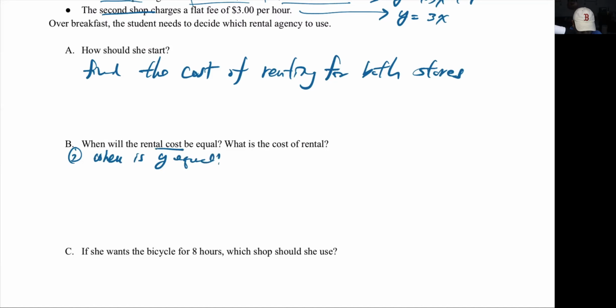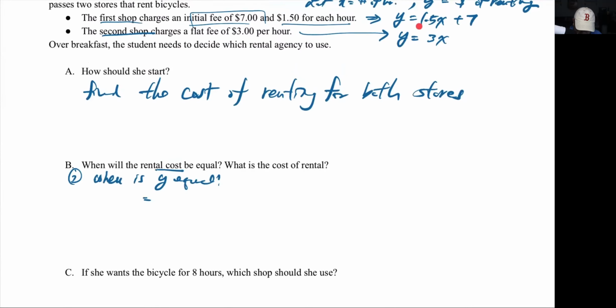The rental cost is y. When the two y's are equal to each other, let's put one y on the left-hand side, which is 1.5x plus 7.5, and the other y is 3x. You set them equal to each other and solve it that way, guys.